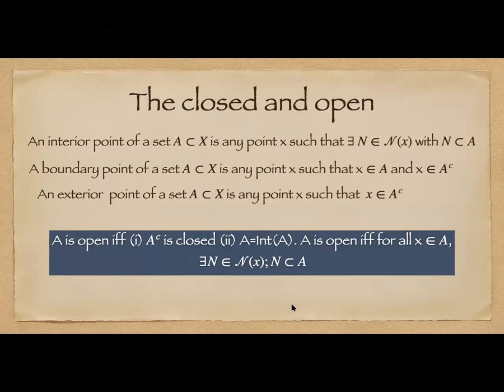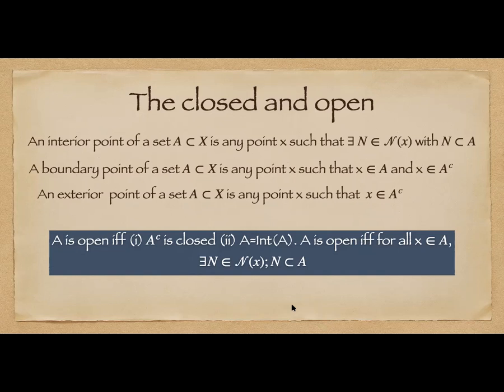The interior point of a set A, which is a subset of the bigger set X, which we are analyzing, is any point small x such that there exists a subset capital N in the neighborhood space Nx, with N being a subset of A. So this is the notion of interior point.